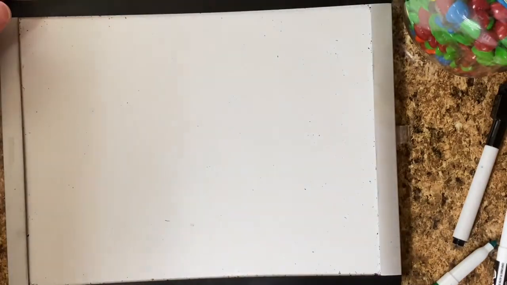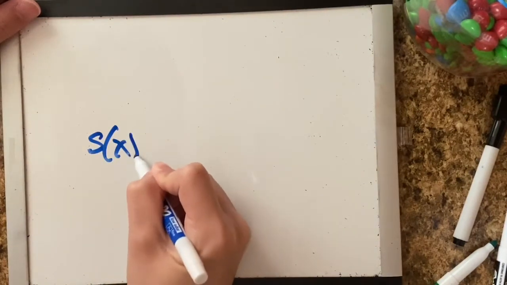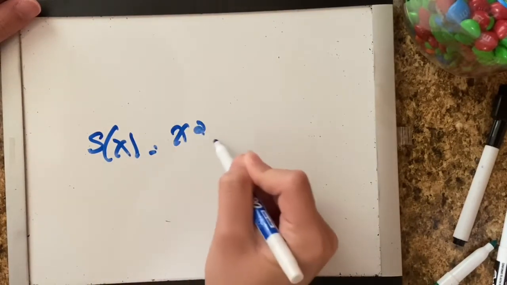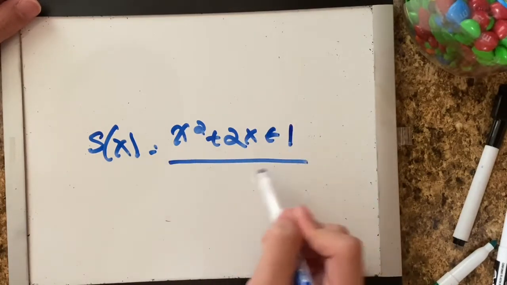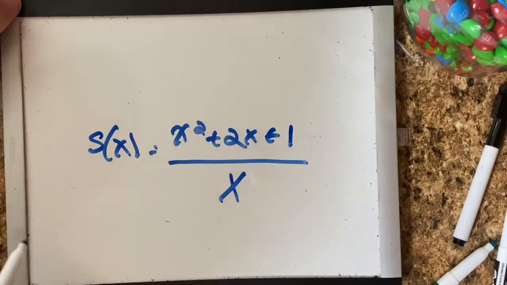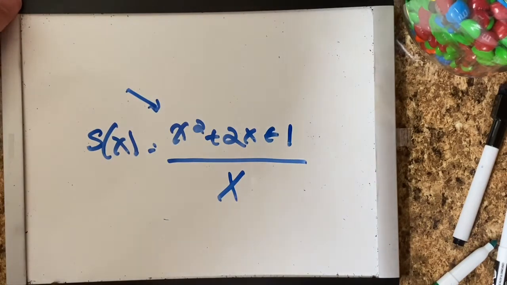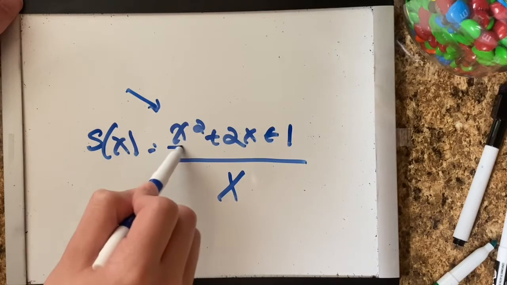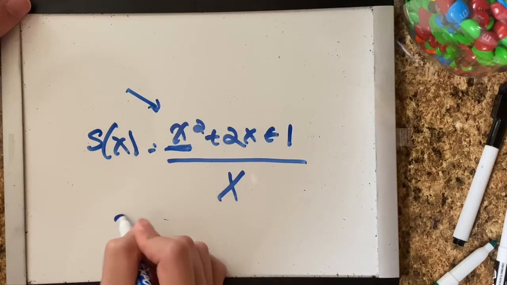Now let's take a look at a final example. We have s of x equaling x squared plus 2x plus 1, all over x. Let's take a look at the numerator first. We only look at the first term, so x squared. That means the degree of the entire numerator would be 2.